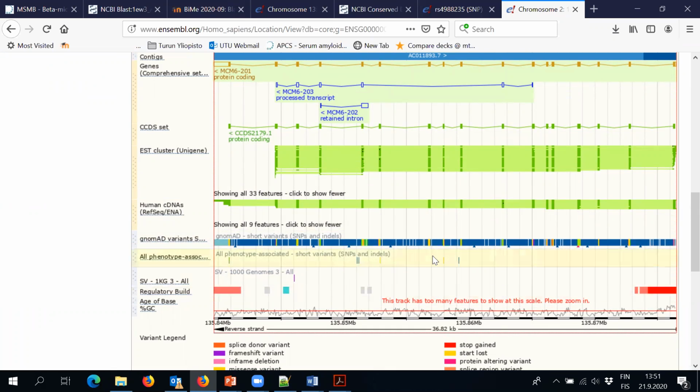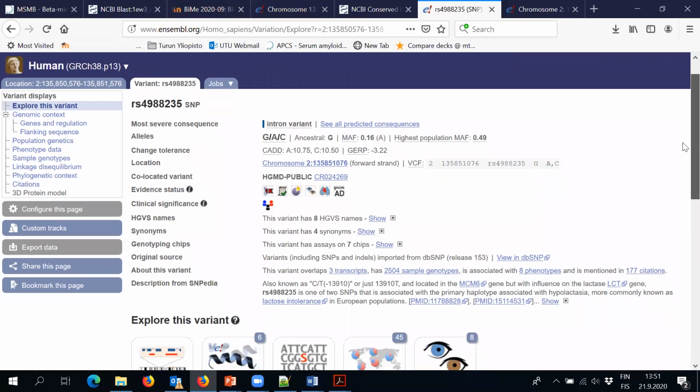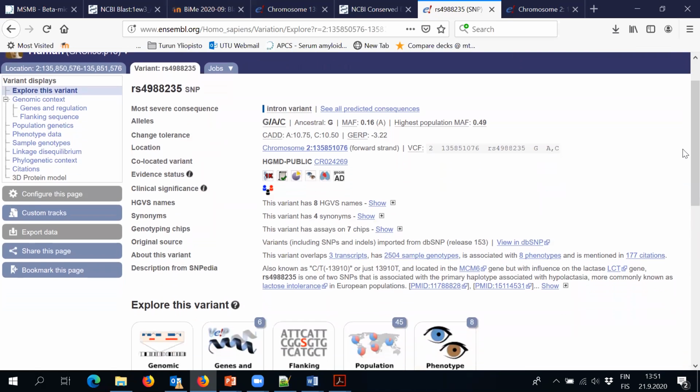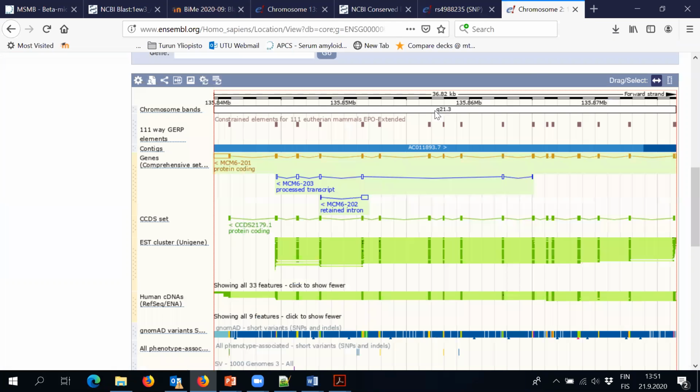And then we have phenotype associated variants here, which are not that many. Looking at the variant information, we can see that it is located in the region we were interested in, chromosome 2, 135 million. Yes, it's here.